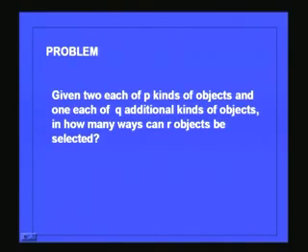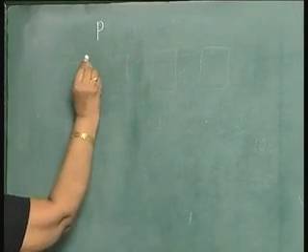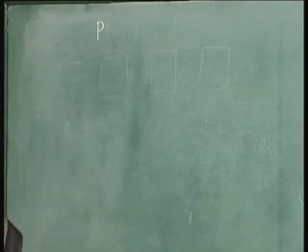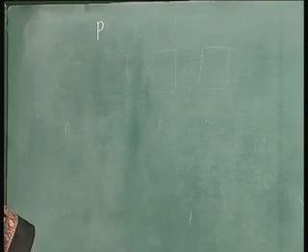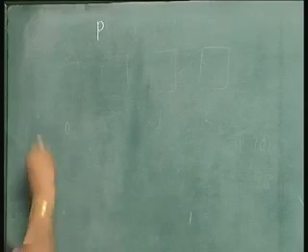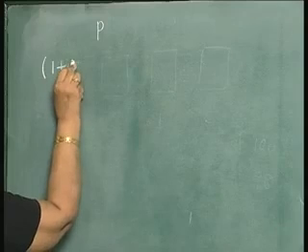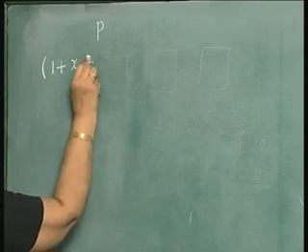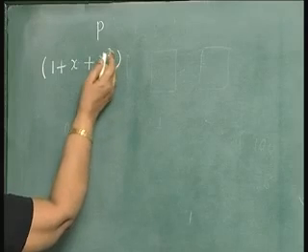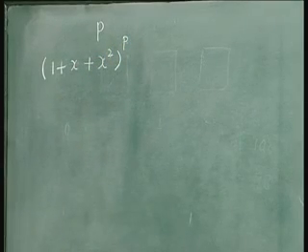So if you take one of them, you can select it once, or you can select it twice. This is the enumerator for the p kinds of objects, and you are having q additional kinds of objects. Each you have only one of them, so either you can choose them or not choose them.